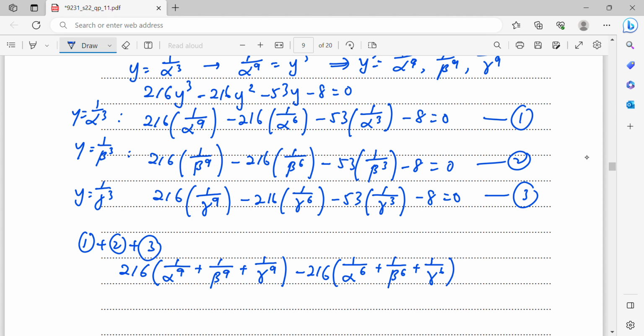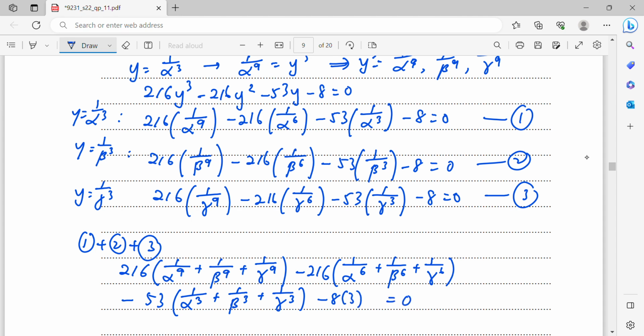And same for the third term. When you add together, the common is minus 53, so I will factorize negative 53 followed by 1 over alpha cube plus 1 over beta cube plus 1 over gamma cube. Now for the minus 8, when you add together, you are subtracting 8 three times, then equals 0.